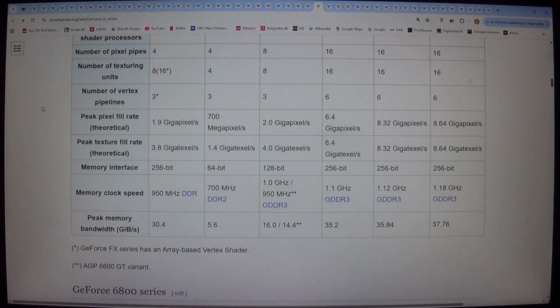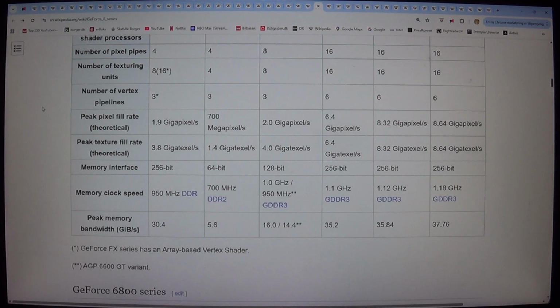Peak texture fill rate, theoretical: 3.8 gigatexel/s, 1.4 gigatexel/s, 4.0 gigatexel/s, 6.4 gigatexel/s, 8.32 gigatexel/s, 8.64 gigatexel/s.